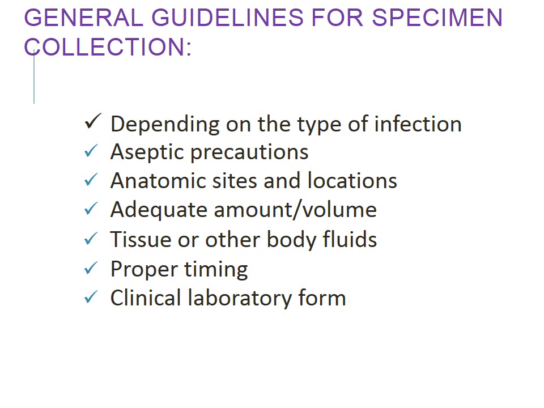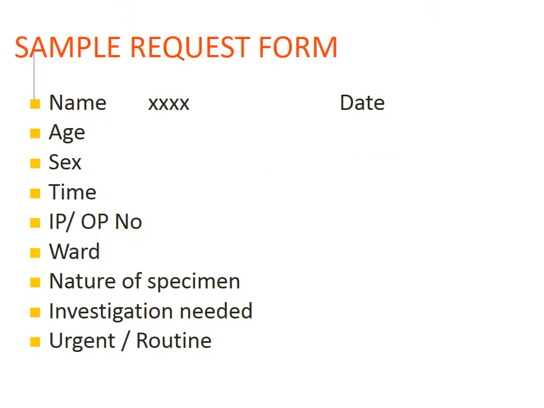And then the next important thing is the clinical laboratory form. You know well, in microbiology, labeling is one of the important steps before any process. So in specimen collection also, the sample request form is very important. It contains information about the patient, like their name, date of specimen collection, age, sex, time of sample collection, whether the patient is an inpatient or outpatient, and the ward number of the patient.